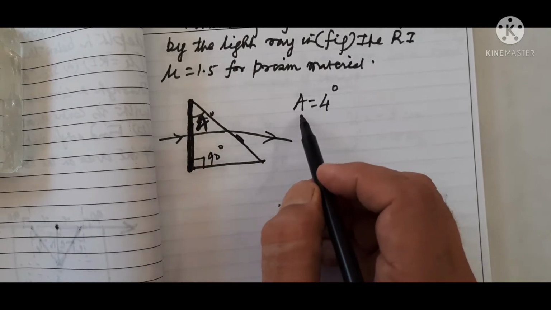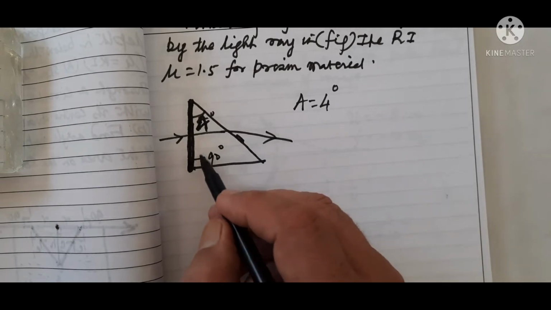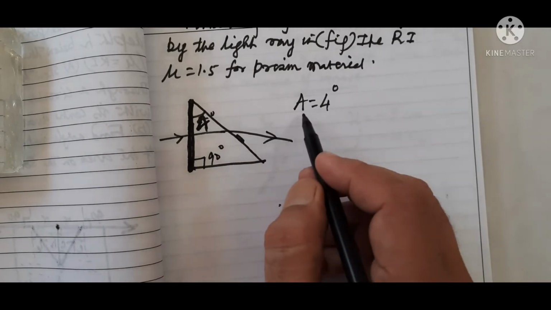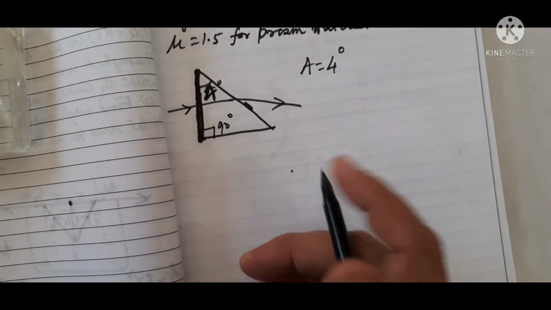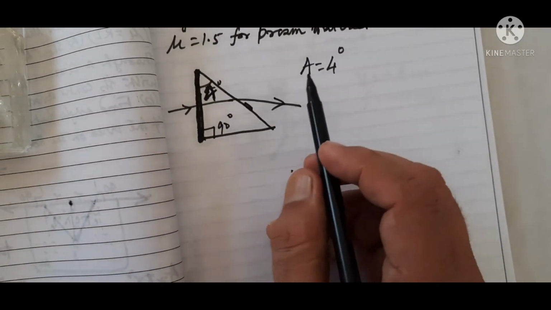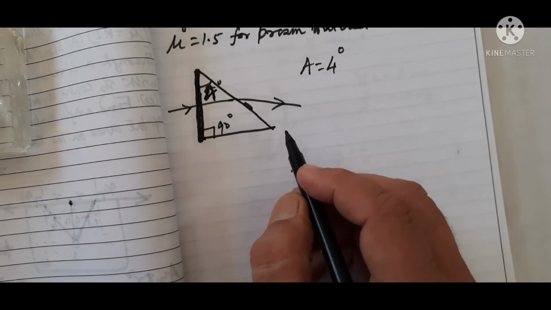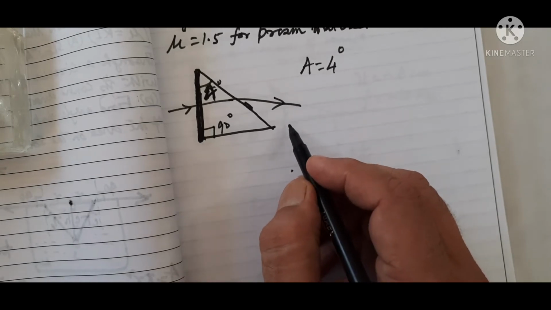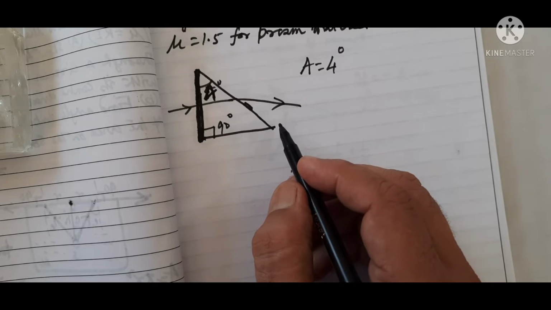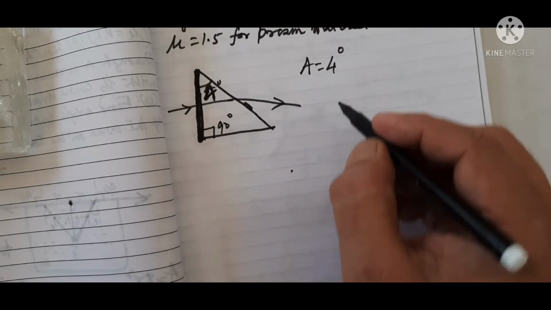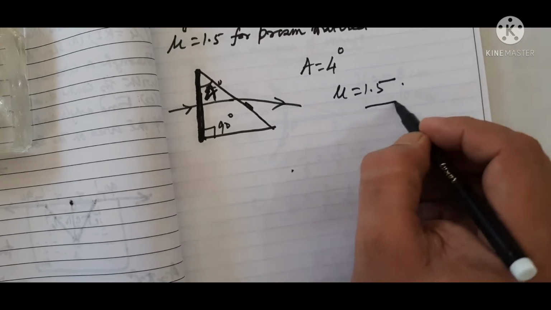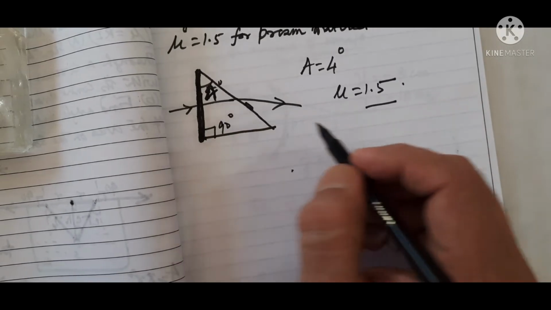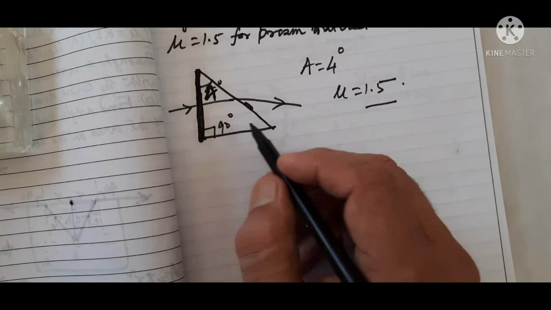So what happens? The angle of the prism is given, this angle is 4 degrees. Our purpose is to find the angle of deviation. Here the refractive index is given as 1.5. The angle of the prism is 4 degrees, which is very, very small.